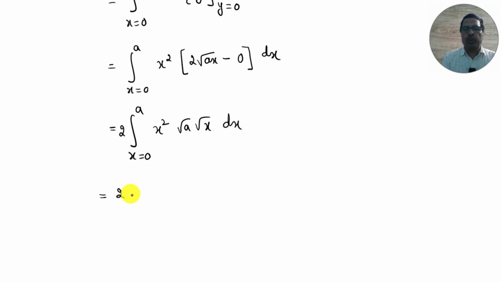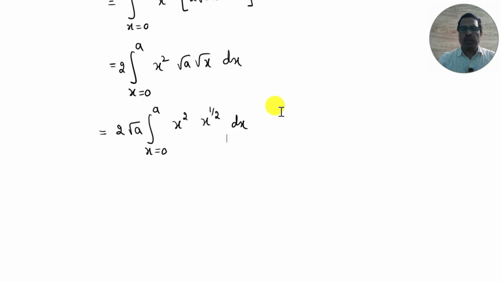This root a you can take outside, as it is a constant: 2 root a integral x is equal to 0 to a, x square. Now root represents the power of half, so square root can be written as x to the power of half, times dx. Now x is the base, and whenever the bases are the same, you can just add the powers.